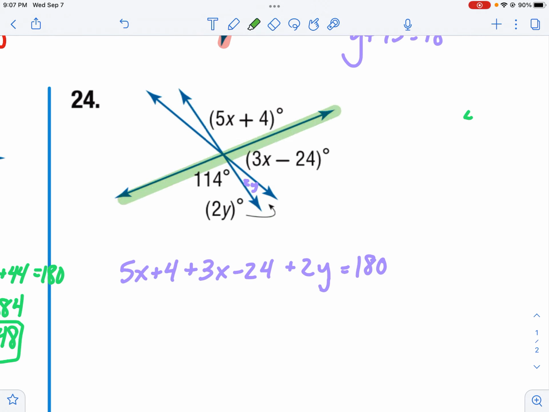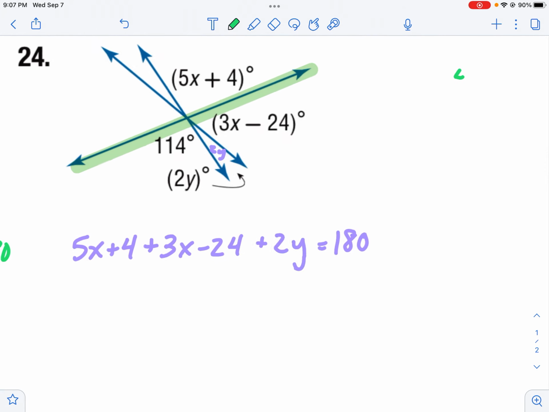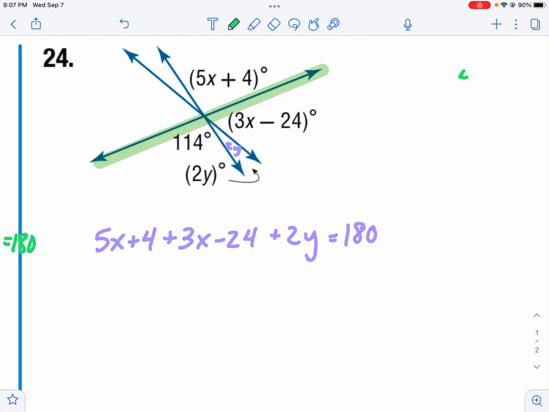And here's another straight line. So here I can say that 114 plus 2y plus 3x minus 24 equals 180. And what do you notice here about my two equations? What are they equal to?